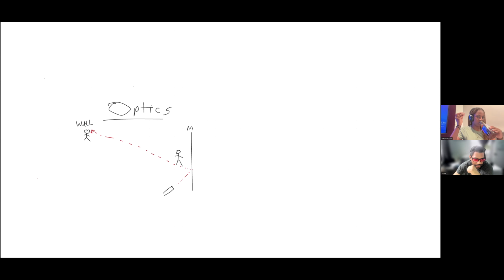And if you were here, and if you were here, and let's say this is where the mirror ends. So this stick figure on the right is not on the other side of the mirror, it's just on the right here.